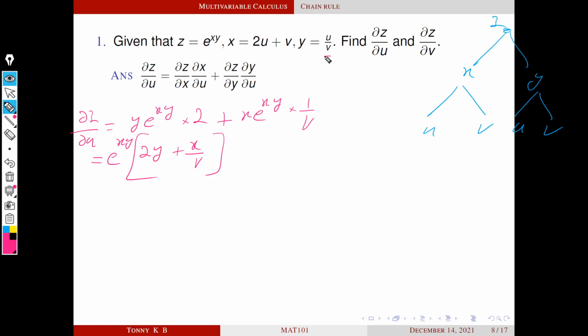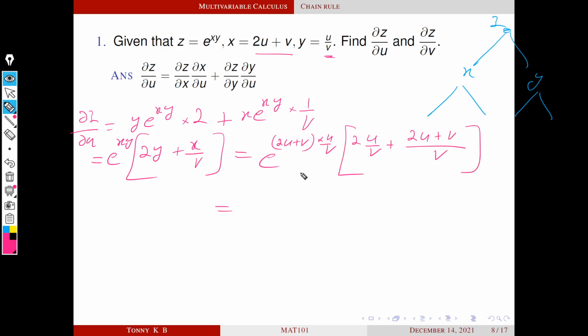And what is y? y is u by v and x is 2u plus v. So you can substitute these two values instead of x and y. So this expression becomes e raised to x, which is 2u plus v, into y, which is u by v, into 2 into u by v plus x, which is 2u plus v, by v.